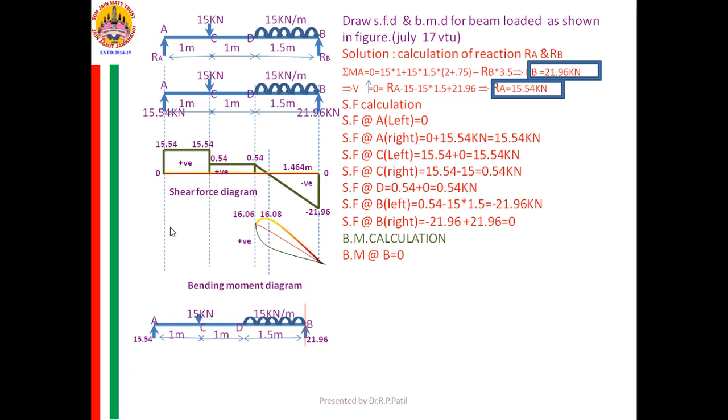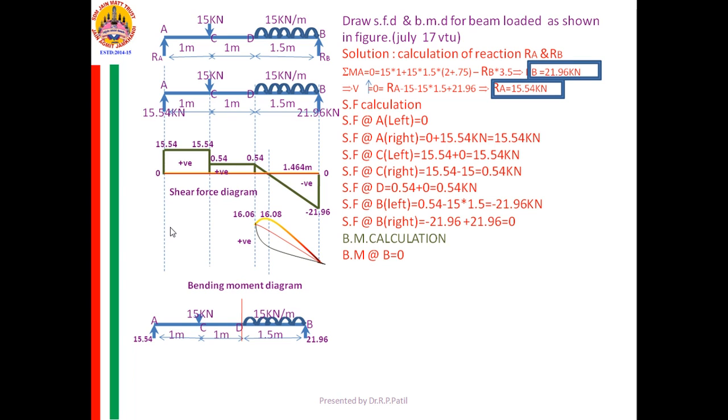Next I want the BM at the point D. Friends, you can do the calculation by considering the left part of that line or the right part of that line. I prefer to consider the left part. On the left part, only two concentrated loads are there.